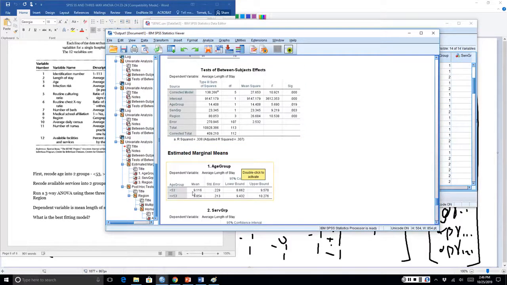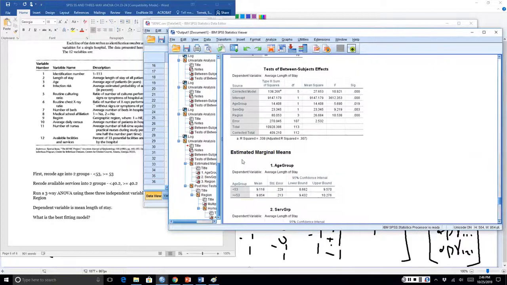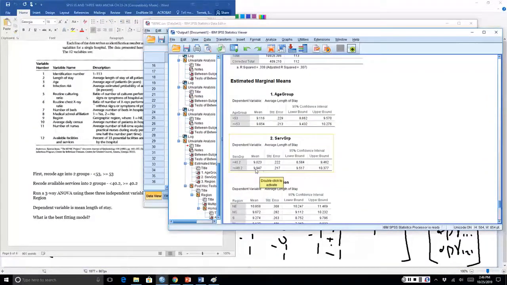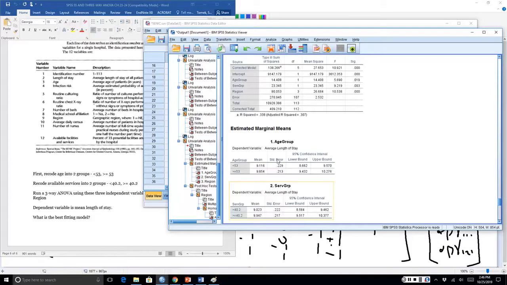So there's significantly higher length of stay when the average age of the patients is older. For the service group, when there are more available services, then the length of stay is longer. So it could be they're getting actually more treatment because there's more services available for them to do.